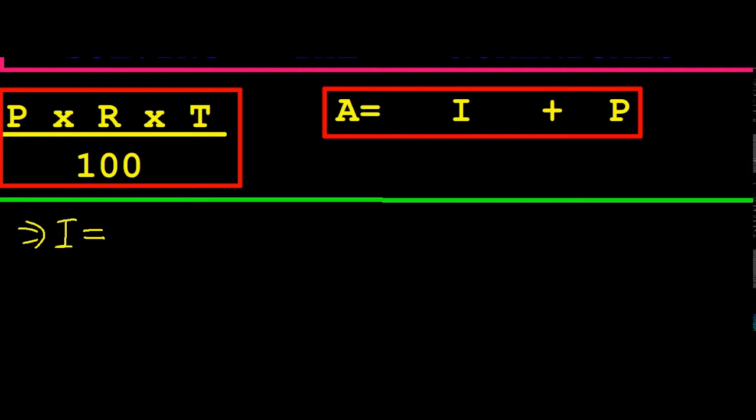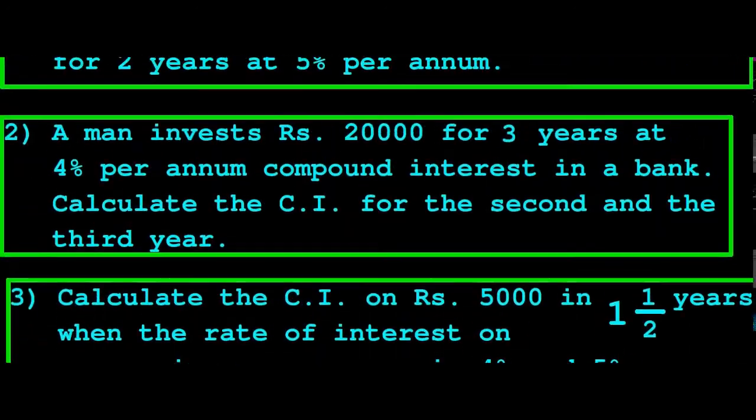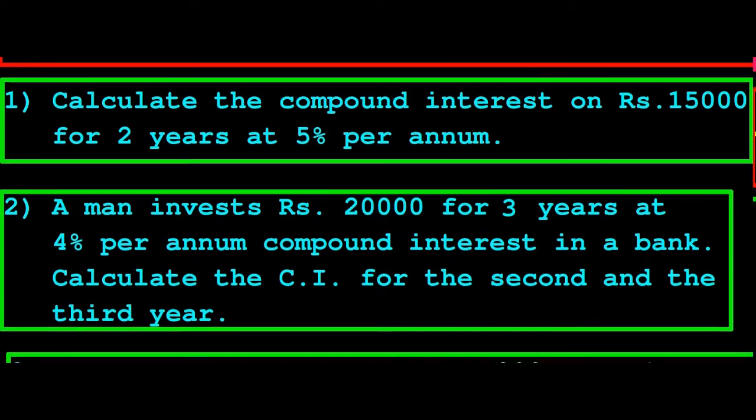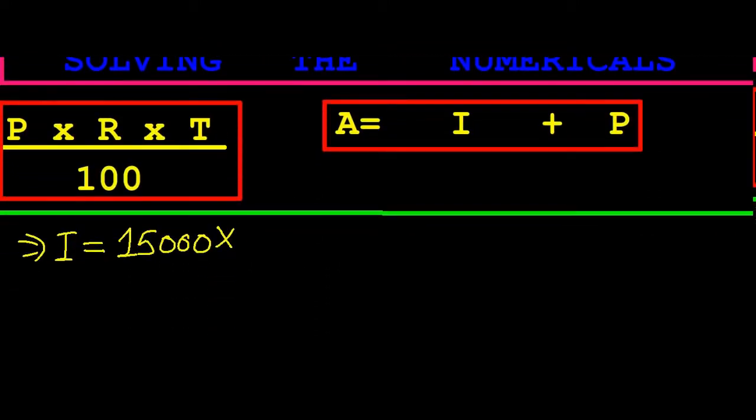So interest is equal to 15,000, which is the principal P, into R, the rate percent is 5, into T, which is 2 years.